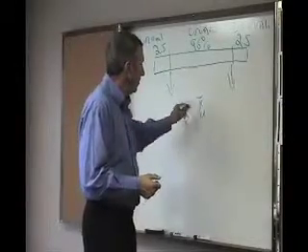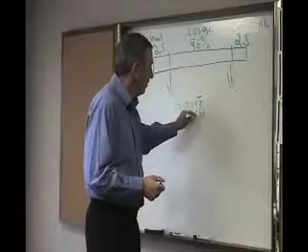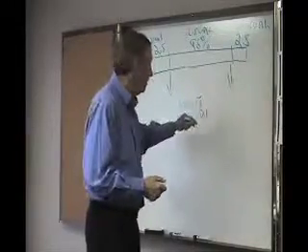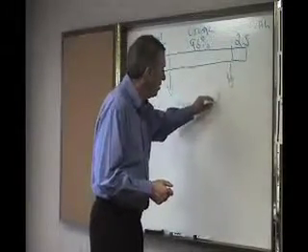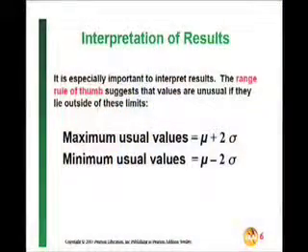But X, the mean, equals the average, X bar. It's also called mu, and it's up on your slide as mu, plus 2 standard deviations.